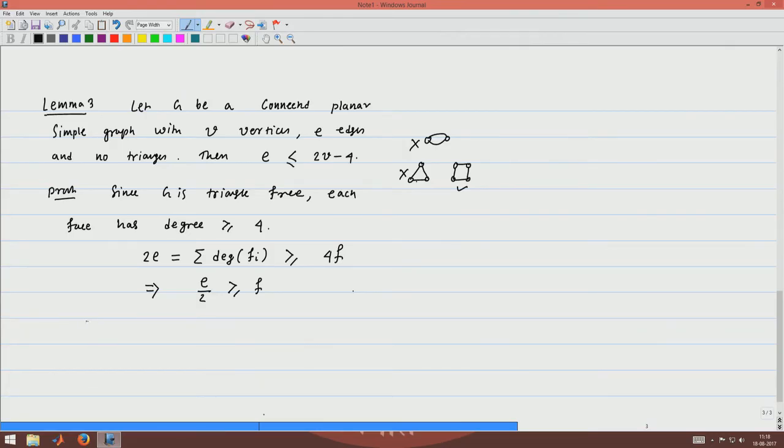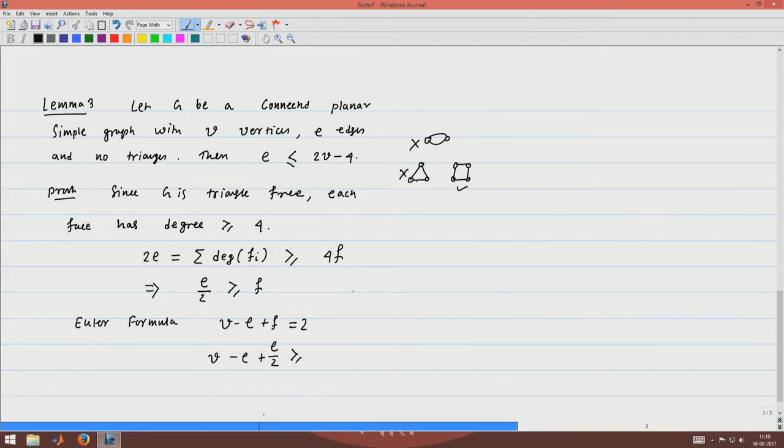Now, if I use Euler formula, what I get is that V minus E plus f is equal to 2. This is the Euler formula, and I replace f by a bigger quantity E by 2.